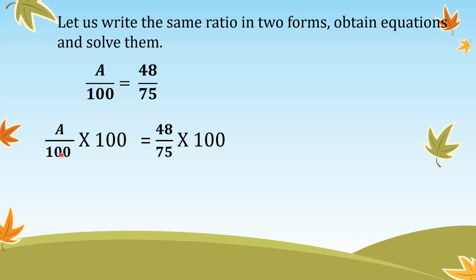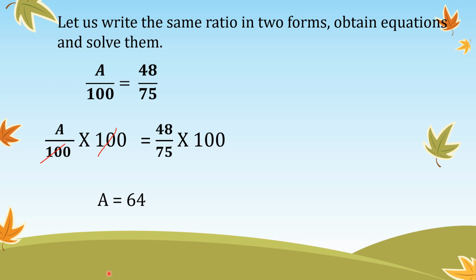So A upon 100 multiplied by 100 is equal to 48 upon 75 multiplied by 100. When you multiply this, this 100 and this 100 will get cancelled, and when you solve this you will get A is equal to 64.